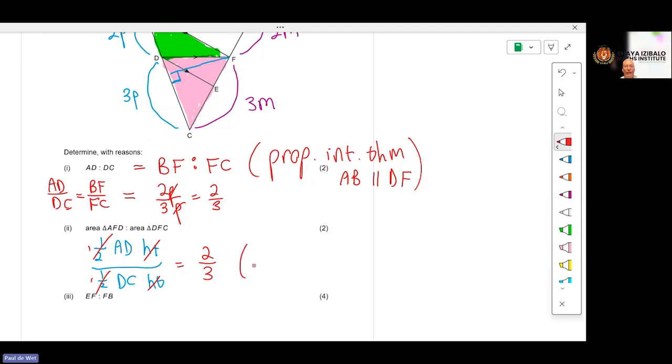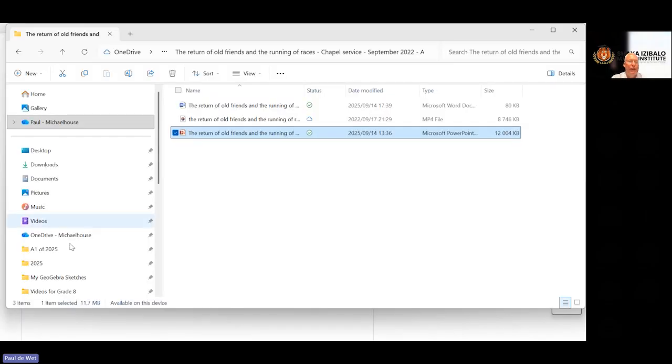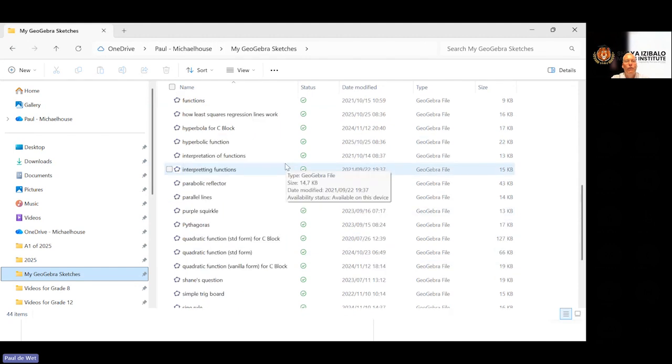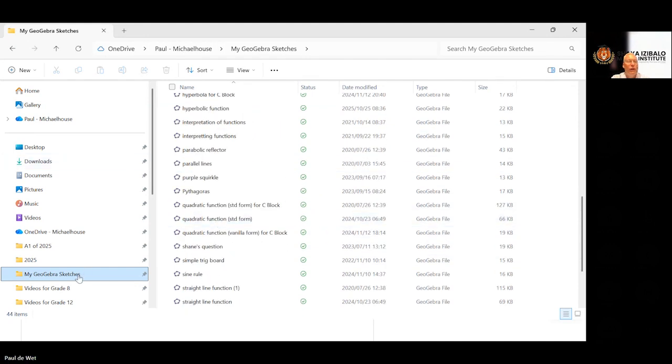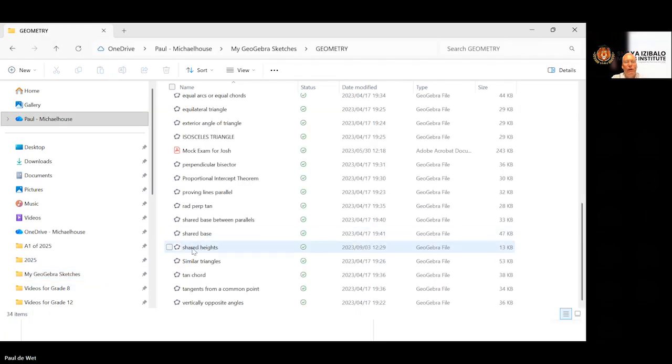They share a height. And I want to quickly show you this sketch because this is something that my learners, and I teach some very, very clever boys, but they find this difficult. So I want to show you a sketch I made here. Here it is.